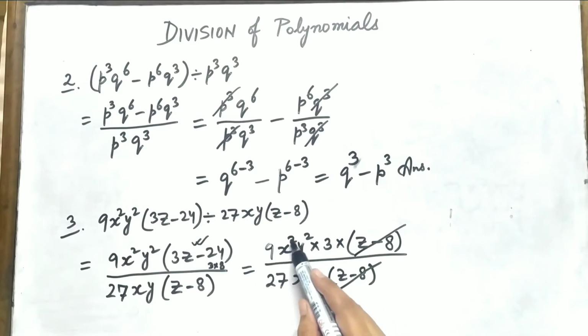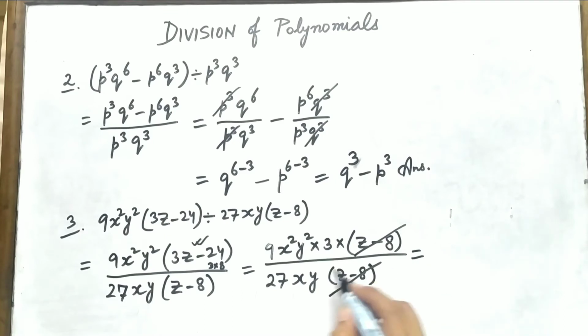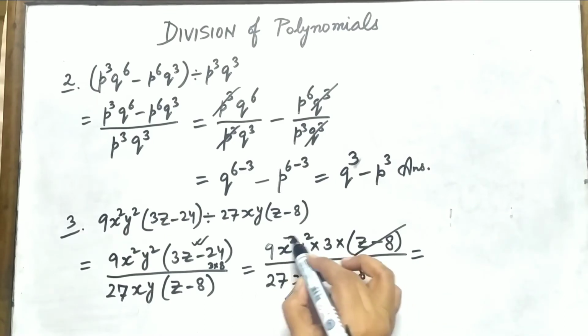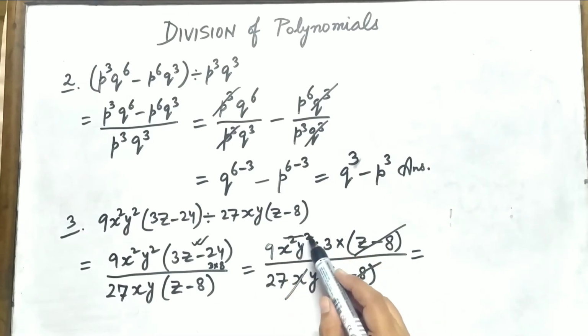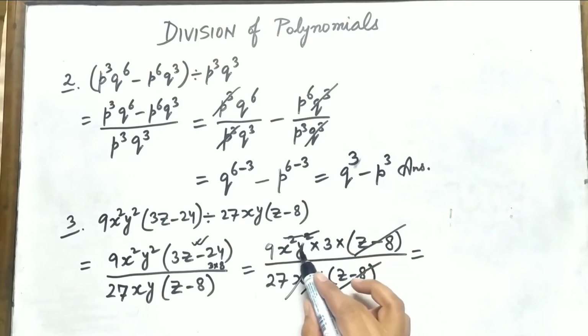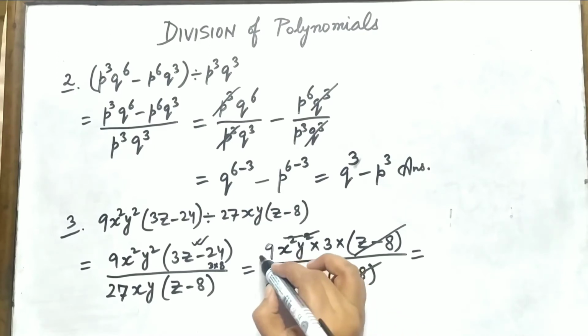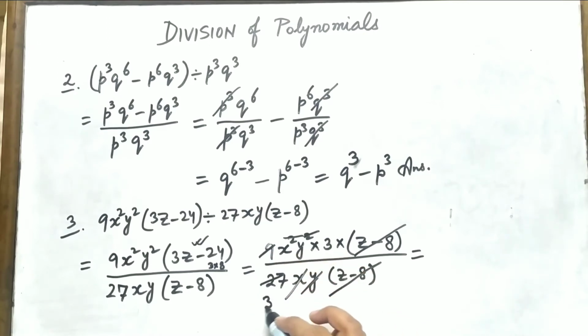Next, x square and x will give us 1x. Similarly, y square and y will get cancelled and we will get only 1y in the numerator. 9 3s are 27. We cancel it.